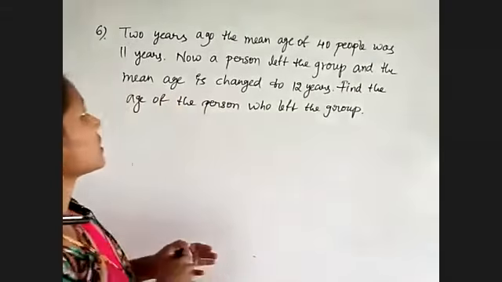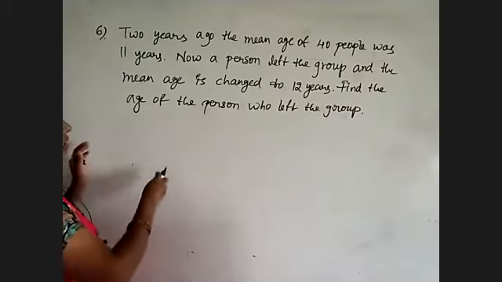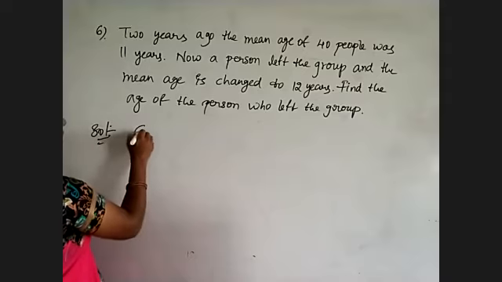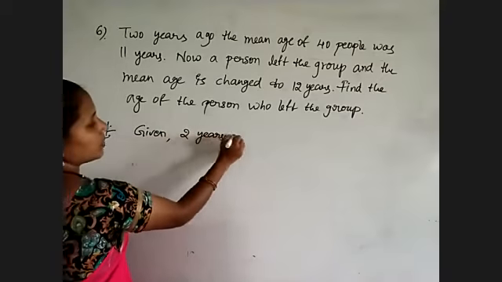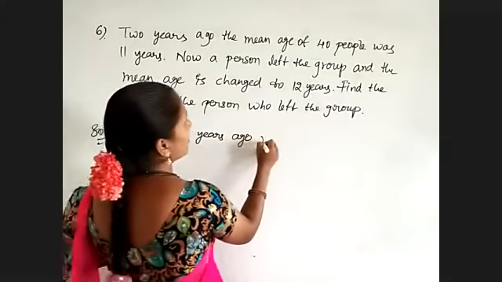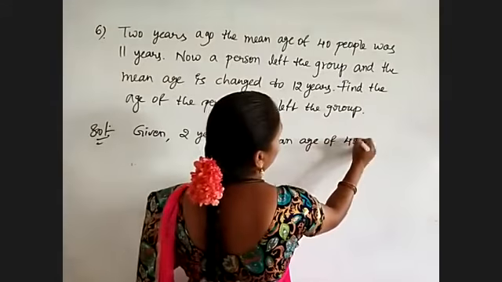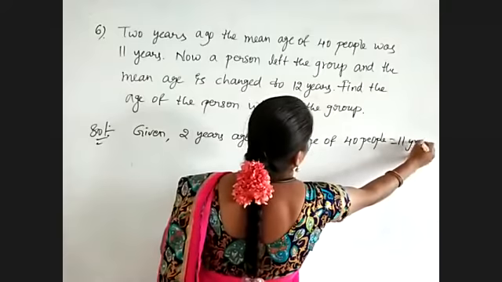First of all, for the first thing, 2 years ago the mean age of 40 people was 11 years. So find that out first. Let it be given that 2 years ago the mean age of 40 people is equal to 11 years.